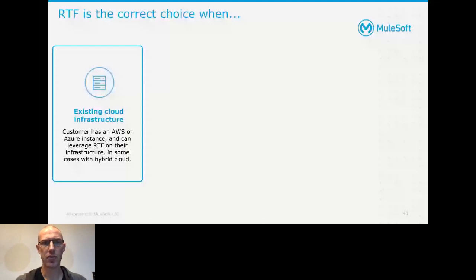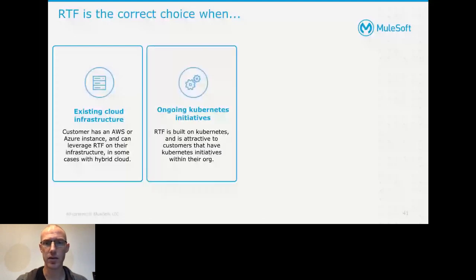And companies are finding it really difficult to find and attract those skilled resources that can help them accomplish their containerization and Kubernetes initiatives. Runtime Fabric is built on Kubernetes, and so customers can accomplish their containerization initiatives without any need for MuleSoft dedicated people to really know Docker or Kubernetes, although they can still get those benefits.